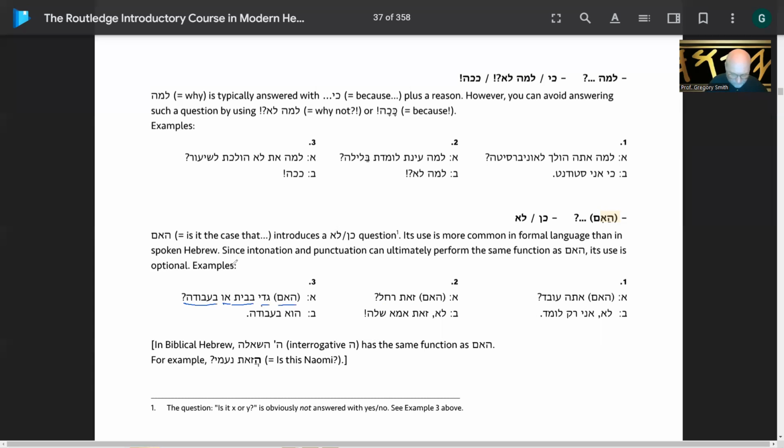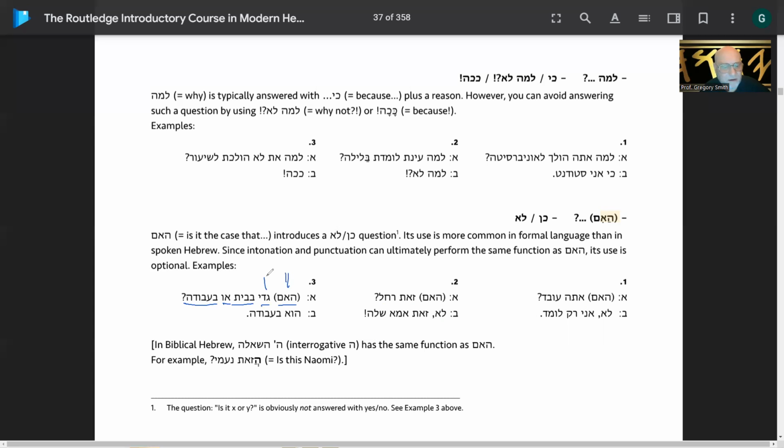Ba'avoda. Okay, so is it the case that Gadi, it's not Gadai, it's pronounced Gadi.